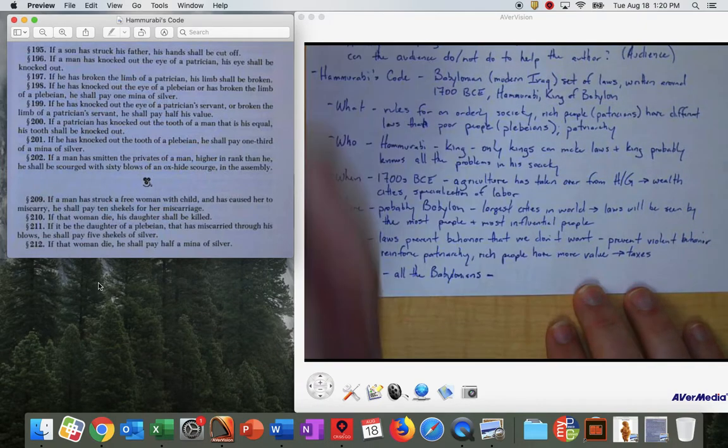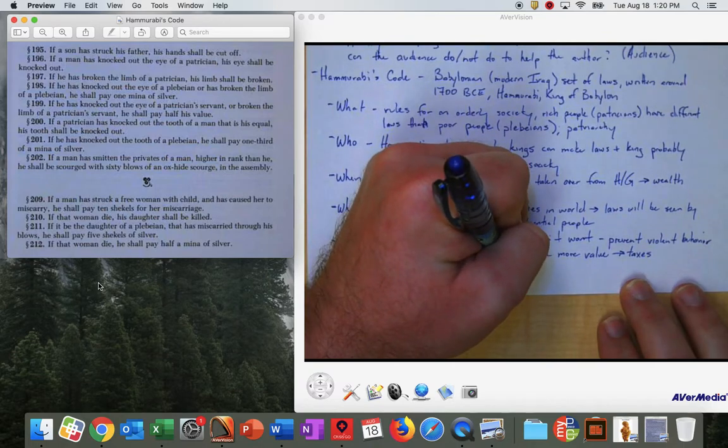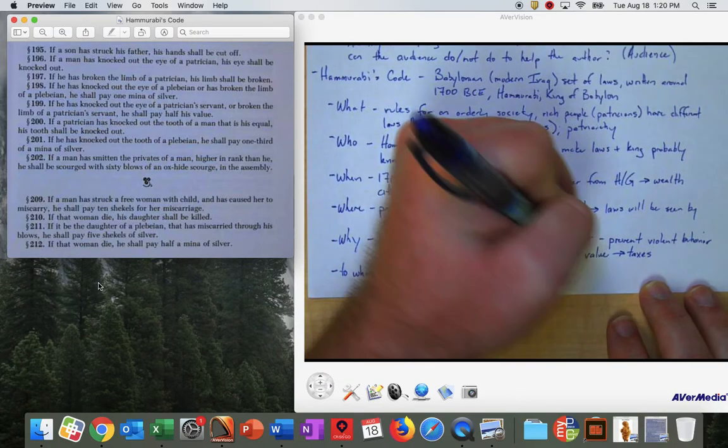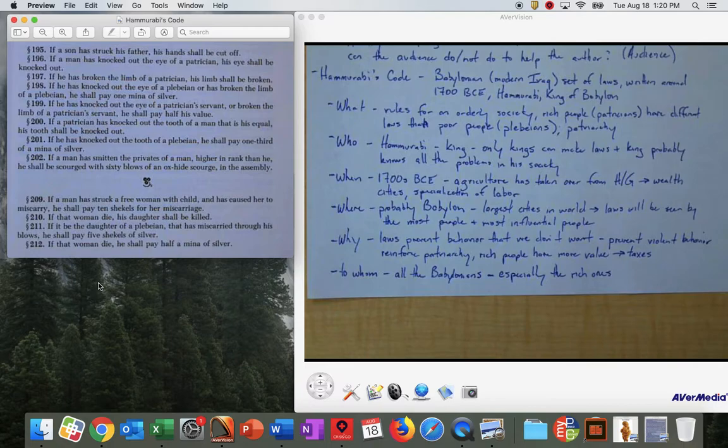Although he may be singling out the rich people, mostly because he wants to keep them happy, and they're probably the ones who are most likely to be able to read. But these laws apply to everybody, so the audience is everybody.